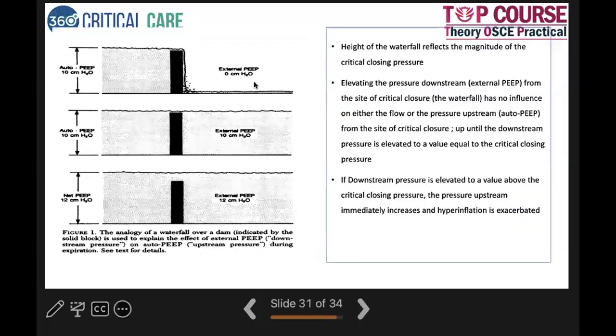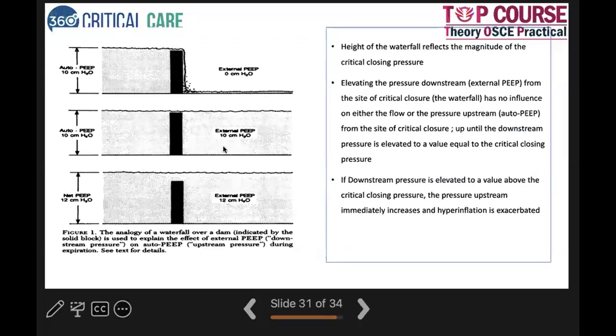So when you keep the external PEEP at 0, whatever is happening above the waterfall critical point remains the same. The airways remain collapsed, and the critical closing pressure is going to be high. So there is no use of keeping external PEEP at 0 when the patient is spontaneously breathing and trying to take the next effort.